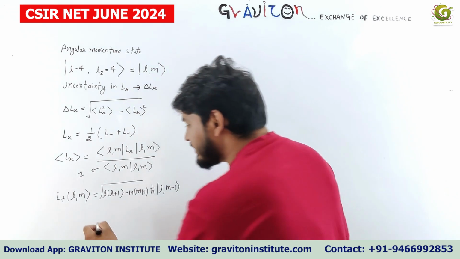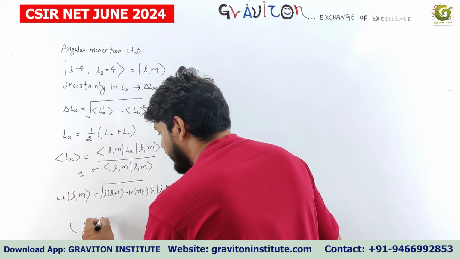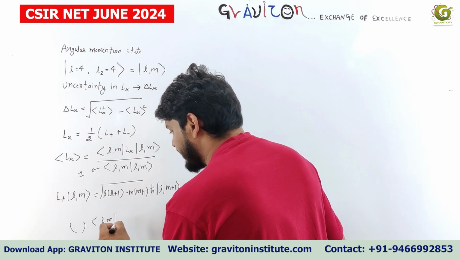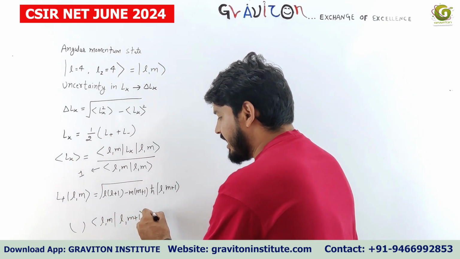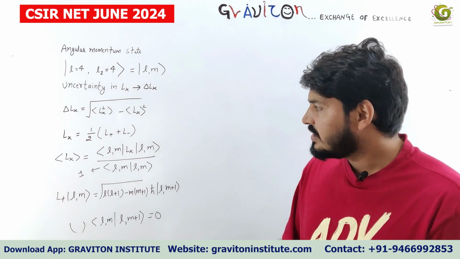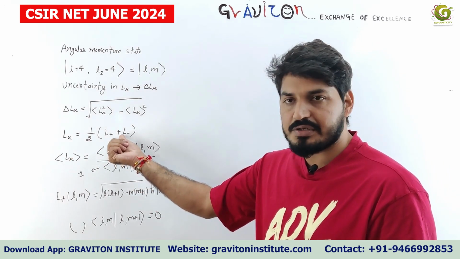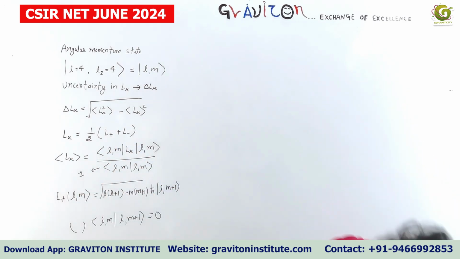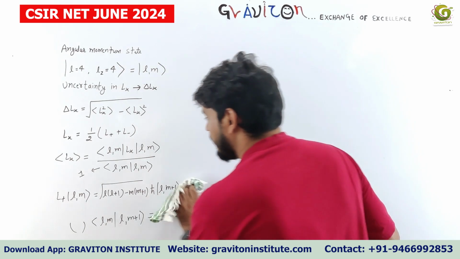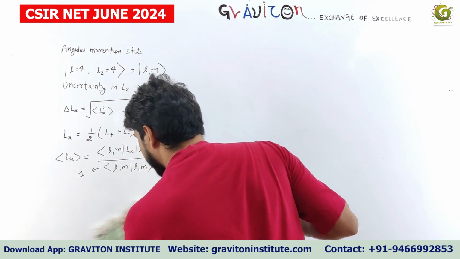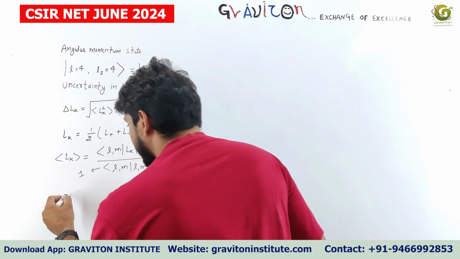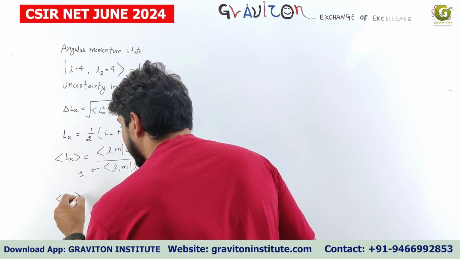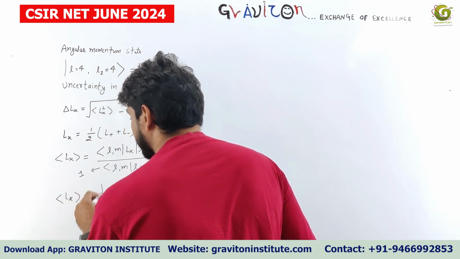You get some constant times L M plus 1, which I'm not writing here, and that is 0. Similarly you can do it for L minus also, so I'm directly writing that the expectation value of Lx is 0.